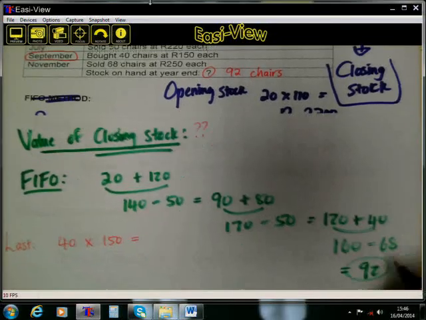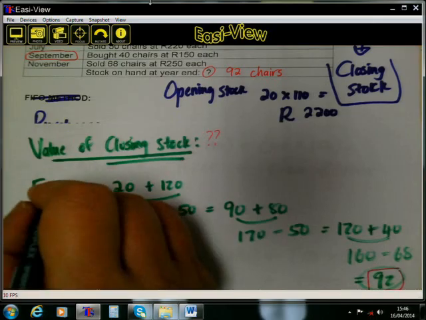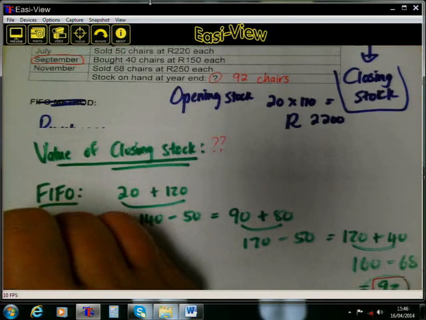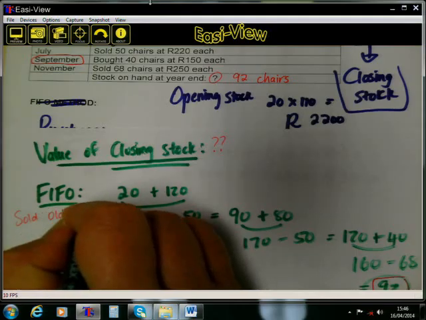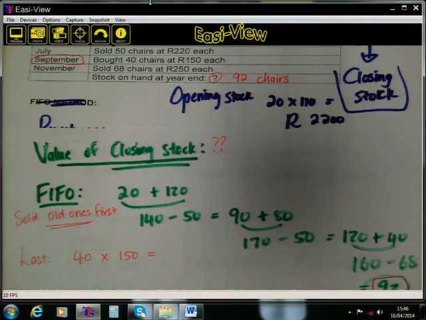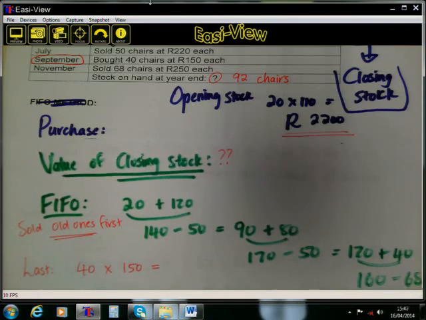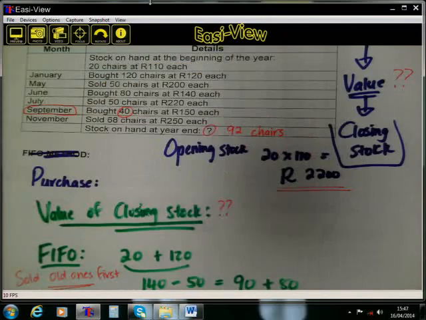Yes, because the 92 chairs that we've got are the newest ones that we bought. First in, first out means sold old ones first. That is the meaning of that. So we bought 40 and we've got that 40.